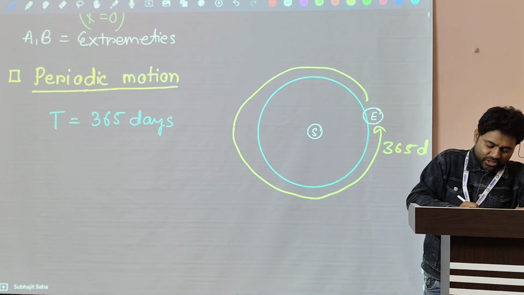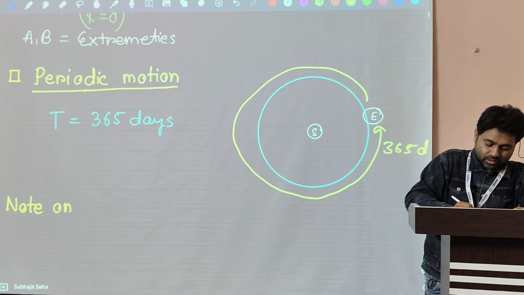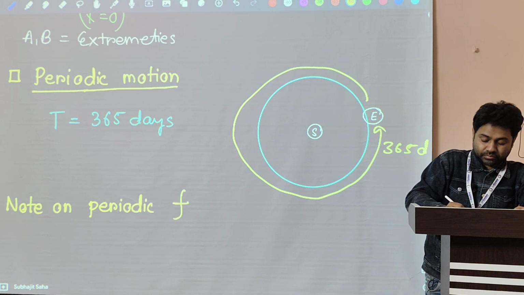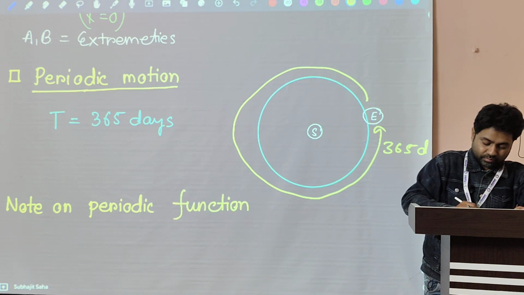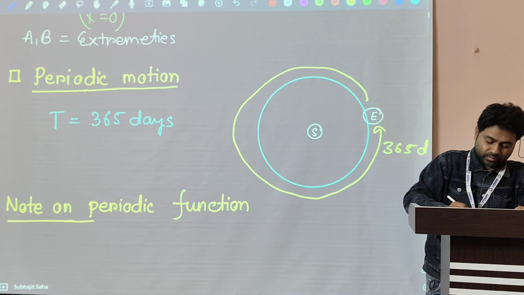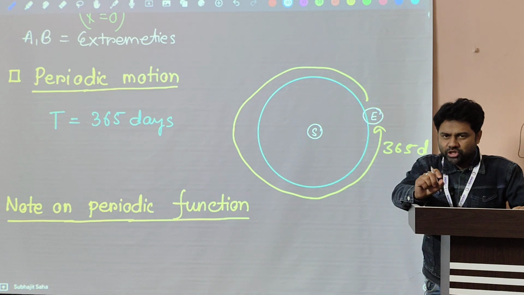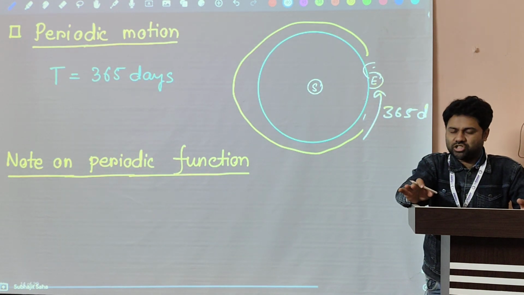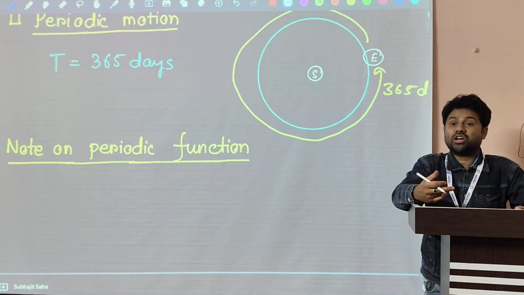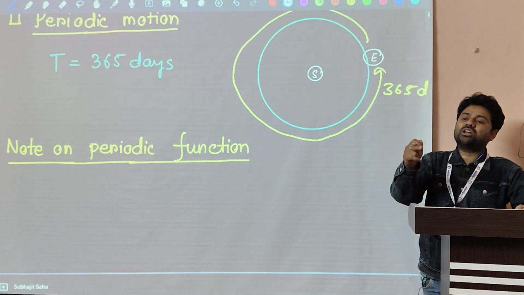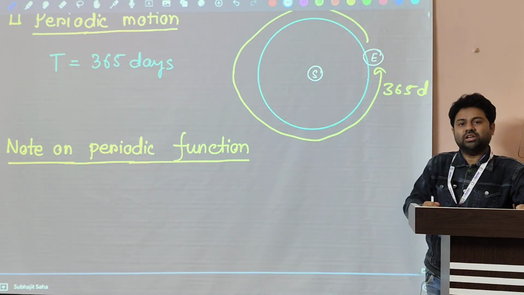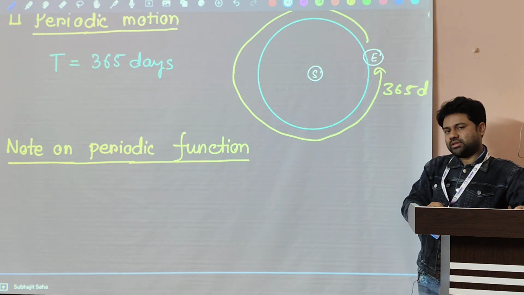We will take a very important note on periodic function here. If the position or velocity or acceleration of a particle is a function of time such that the function itself is a periodic function, then we call the motion to be periodic.